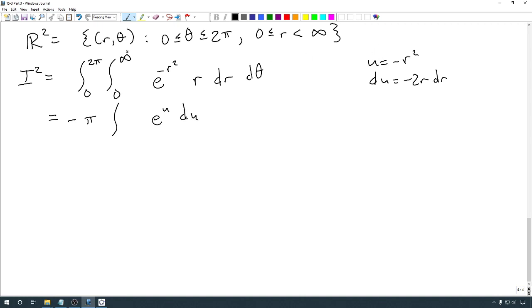If we plug in 0 and infinity into negative r squared, obviously 0 is going to give us a 0. As r goes to infinity, u goes to negative infinity. Again, really kind of playing fast and loose with those improper integrals, but it works out nicely enough. Now we take the integral of e to the u, which is just e to the u.